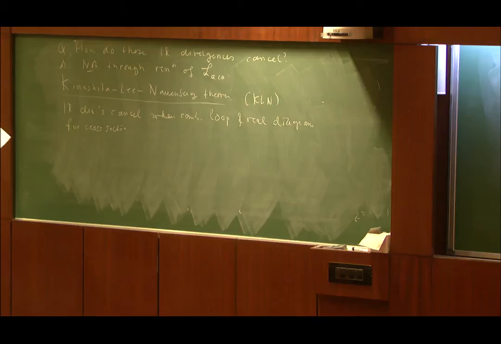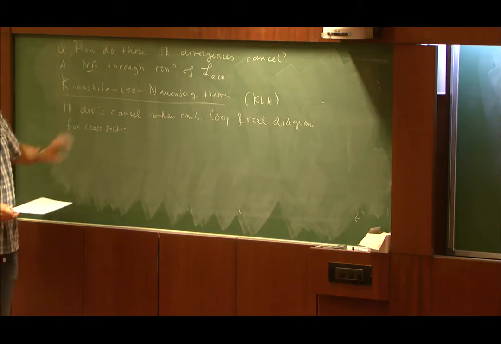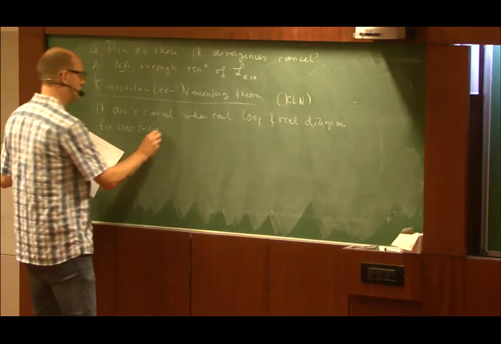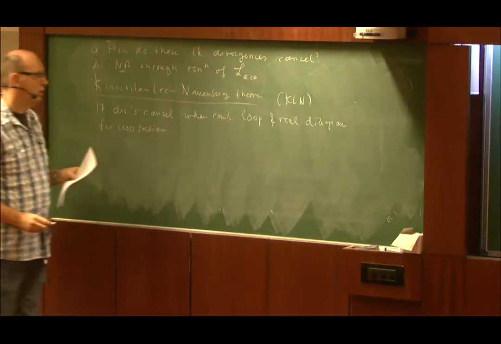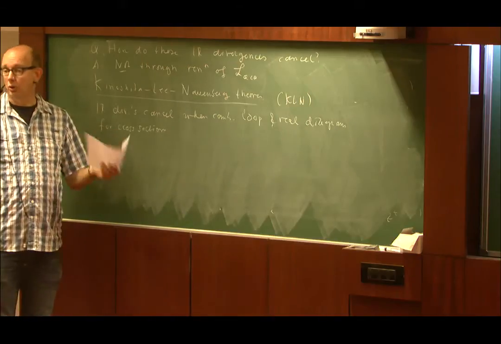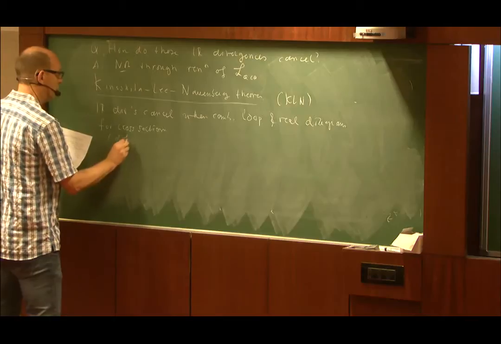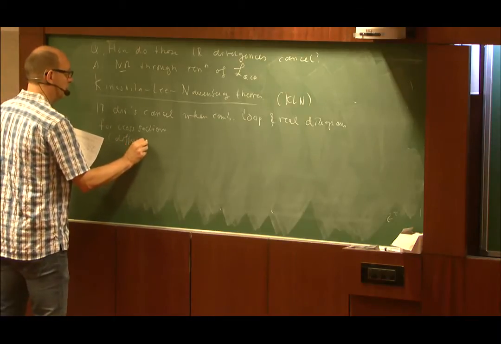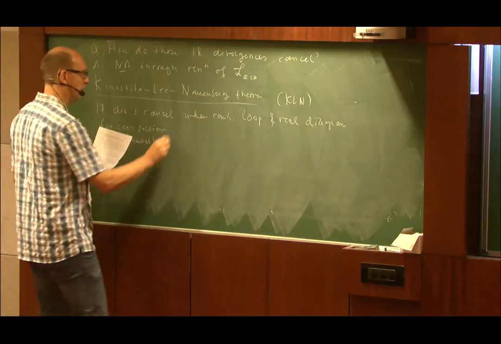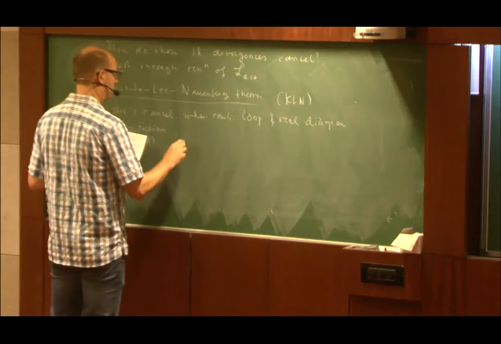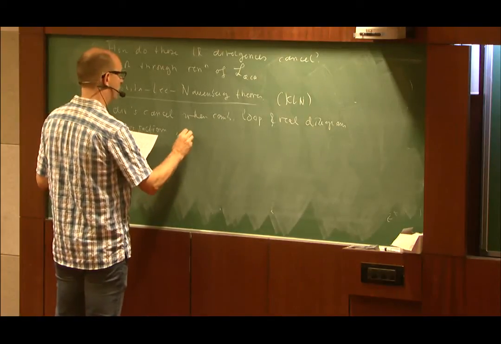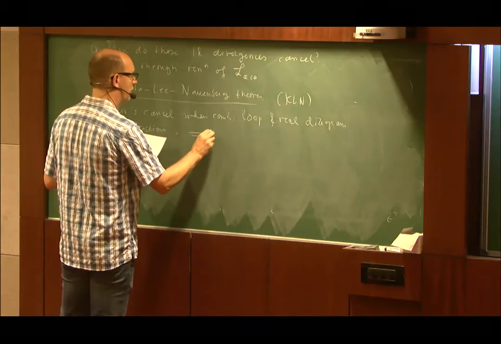Now the real content: they cancel when combining for cross sections. And this doesn't have to be total cross sections. This can even be differential cross sections, if defined properly. So this is called infrared safety.